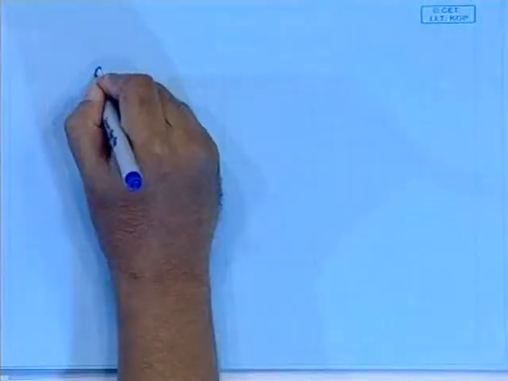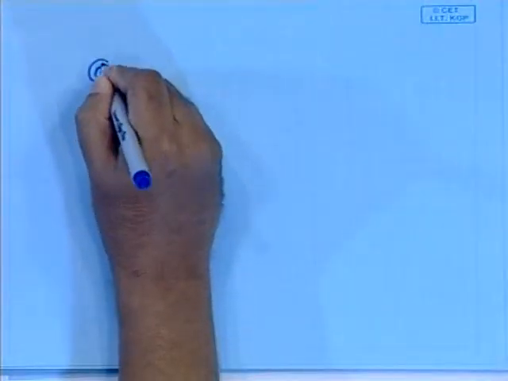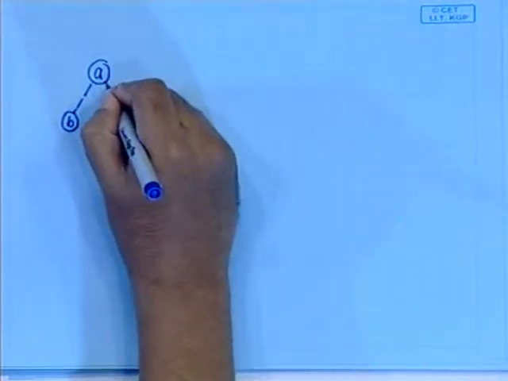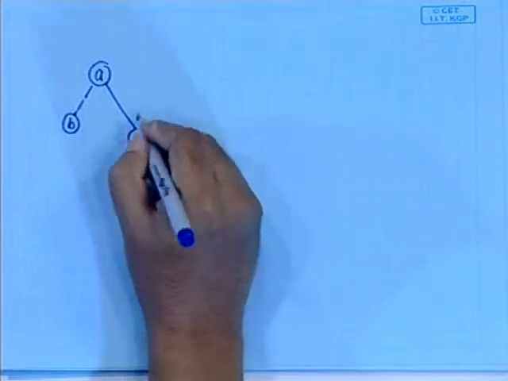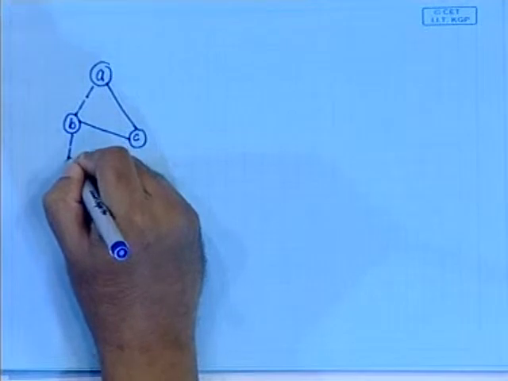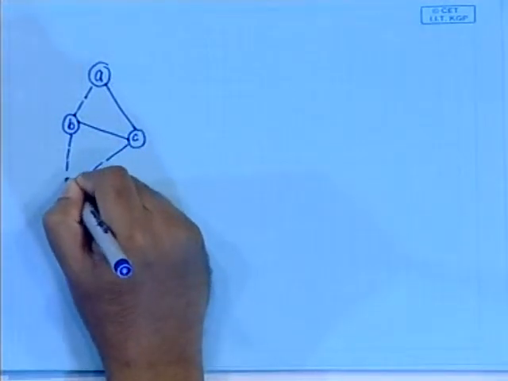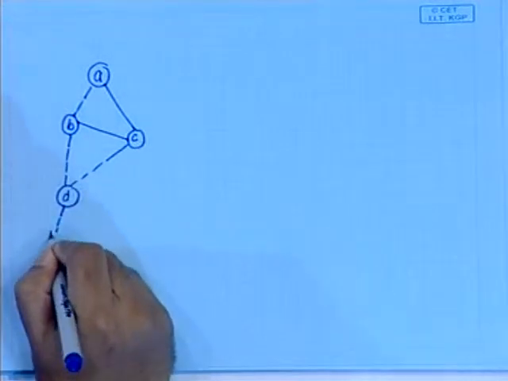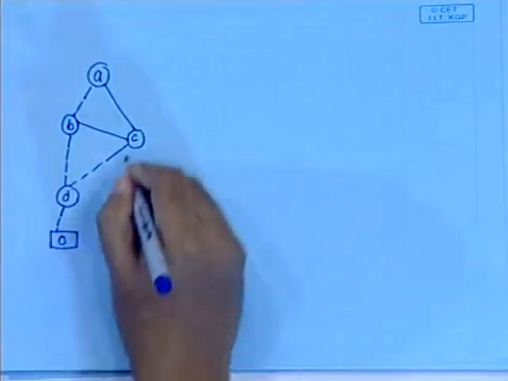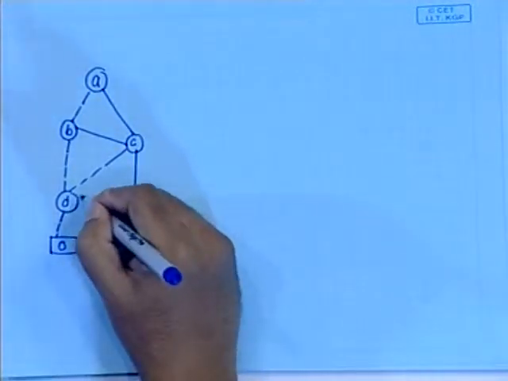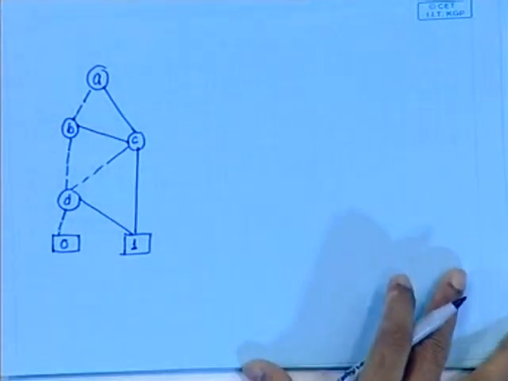Just see what it represents. So you have A, B, C, right.